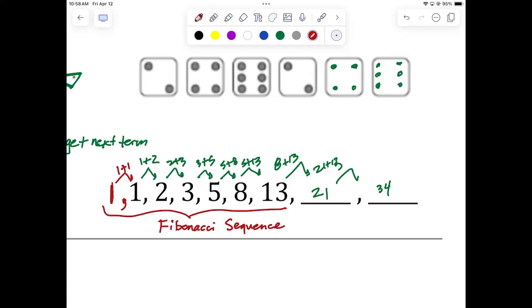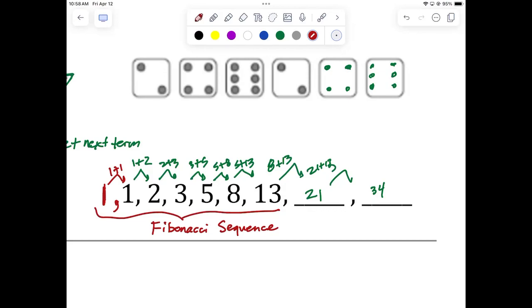Now, here's what's cool about the Fibonacci sequence. Have you ever heard of the golden ratio? No? Wow, where have y'all been living? Under a mathematical rock? The golden ratio is called phi, and it's about 1.618. It is supposed to be the most beautiful ratio of length to width that exists.